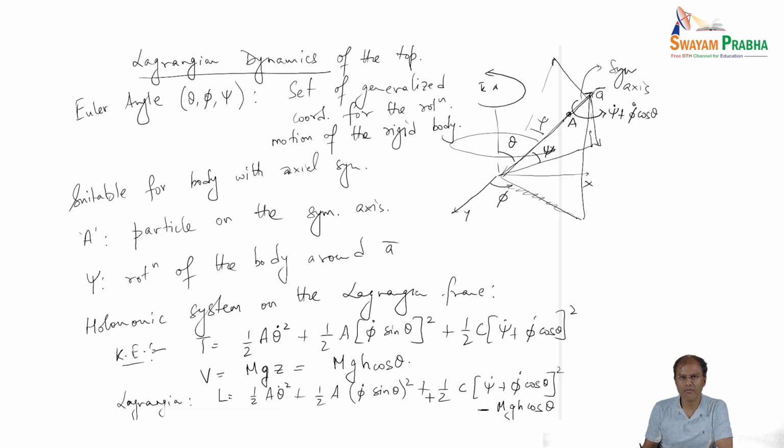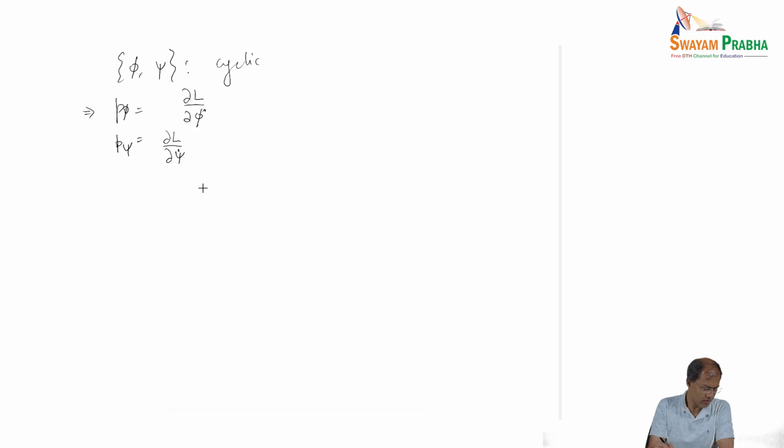So φ and ψ are missing, which means the corresponding variables φ and ψ are cyclic. Which means the corresponding generalized momenta p_φ and p_ψ will be conserved according to our results earlier, right? So since φ and ψ are cyclic, we see that p_φ and p_ψ are ∂L/∂φ̇ and ∂L/∂ψ̇.